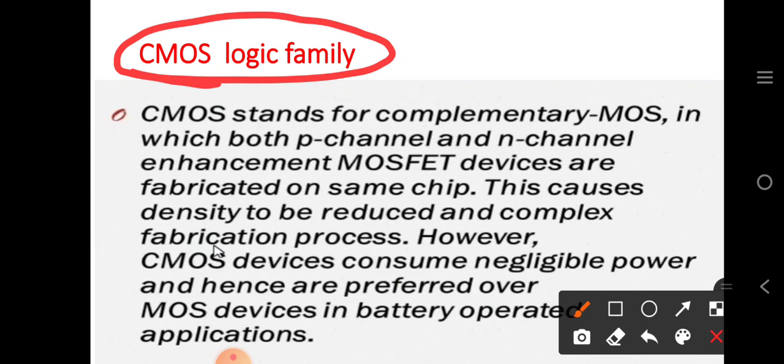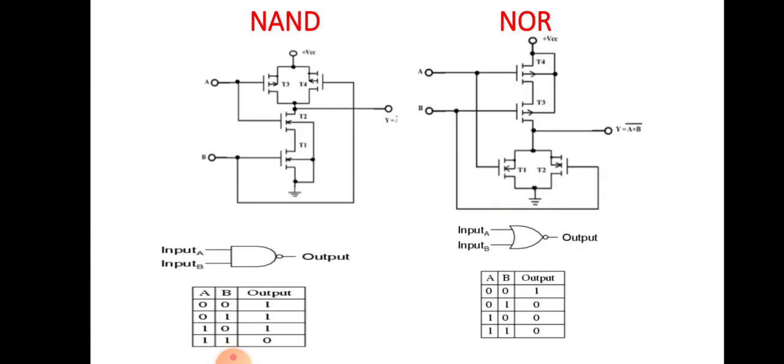Now the CMOS is a complementary MOS in which both P channel and N channel enhancement MOSFET devices are fabricated. So this is a very important difference between MOS and CMOS. Then CMOS is the family which uses P channel as well as N channel. So this is about CMOS. Now we will see the operation.